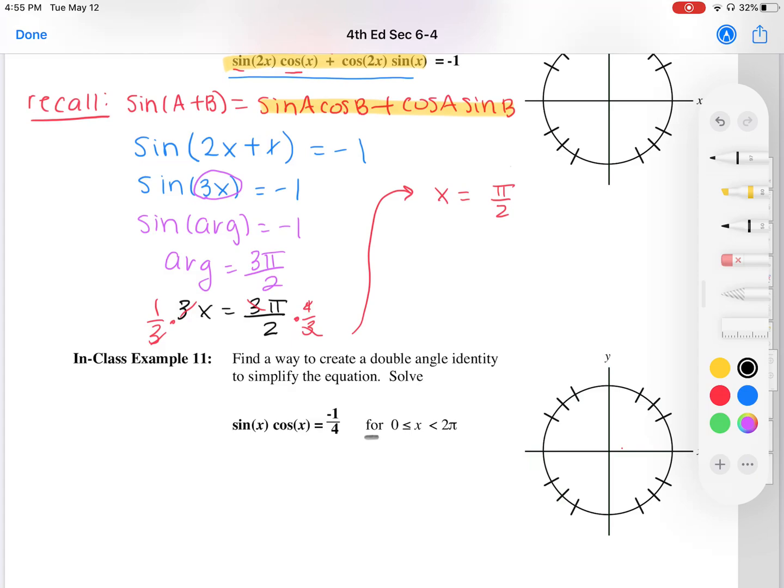Because we want all answers, I should add plus 2 pi k. And that 2 pi k needs to also be multiplied by 1/3. So I would add plus 2 pi over 3 k. And that would be our answer, when k is contained in your integers.